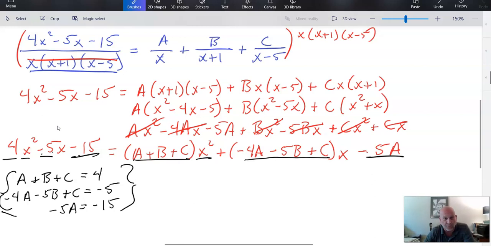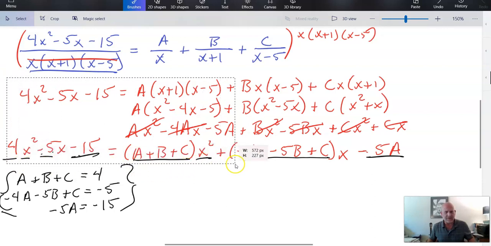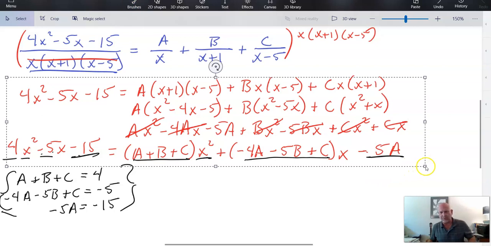It takes a little bit more work. So what I am going to do is I'm going to erase this, right? We already have the results from this. All we have to do now is get a hold of the actual equations. So I'm going to take this out of here just to make room.